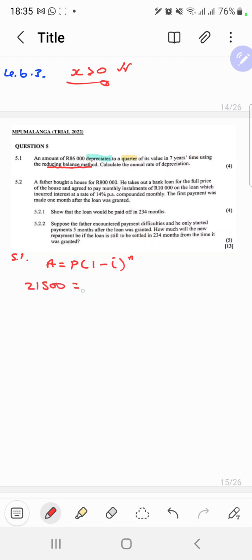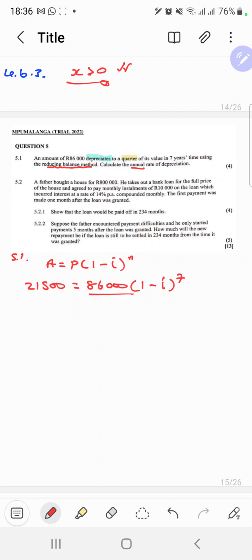So we have 21,500 here equals, the original was 86,000 into 1 minus i, which is what we're looking for. And the n is 7 years. And then, of course, this thing is annual, so it's yearly. So you don't have to worry about a nominal interest. So it's not months or monthly whatsoever. And then here, what do we do, friends?